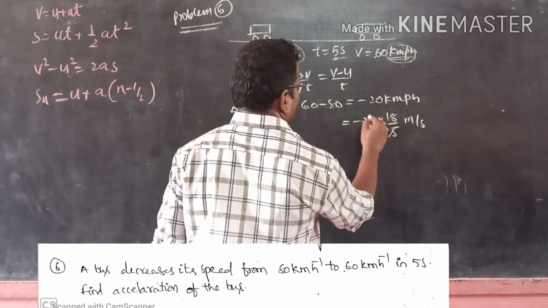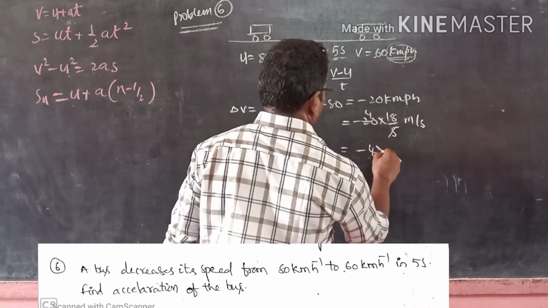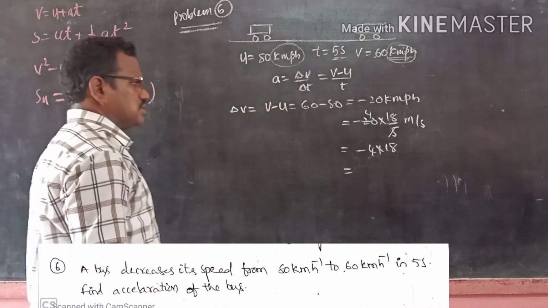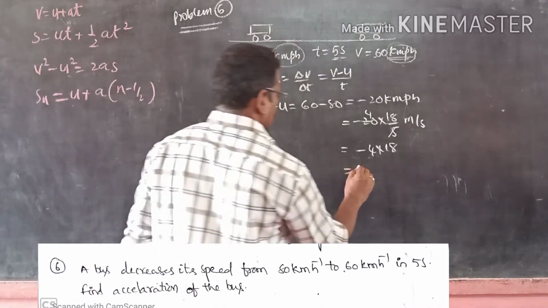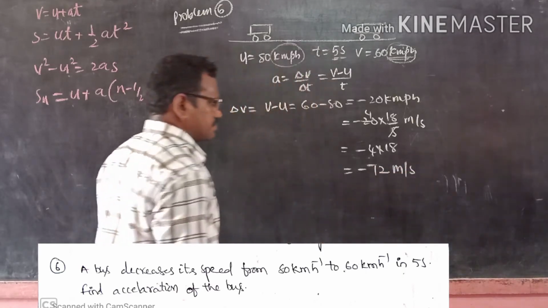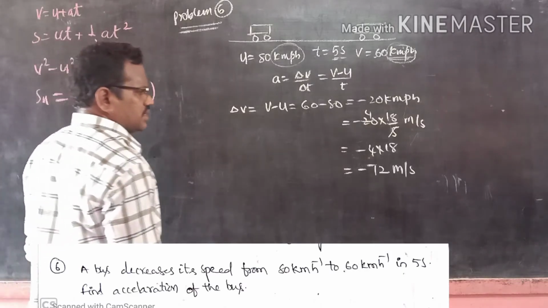Now 5 ones, 5 fours. Now it becomes minus 4 into 18. That is how much? Minus 72 meter per second. Change in velocity is minus 72 meter per second.